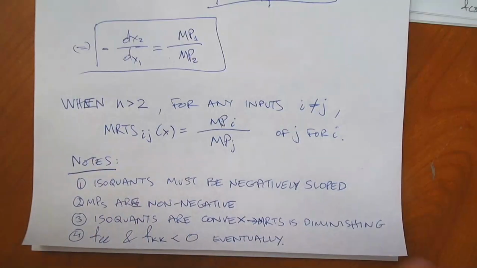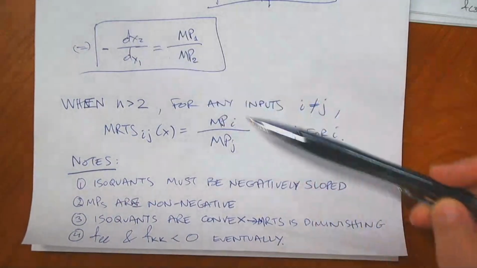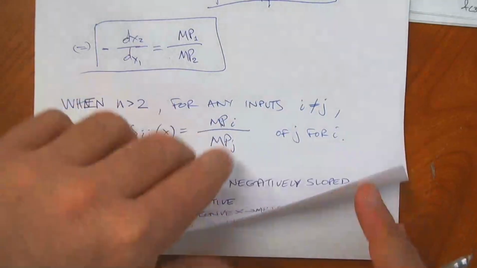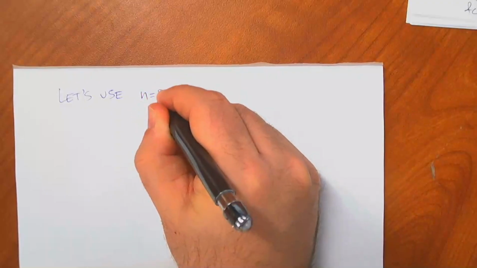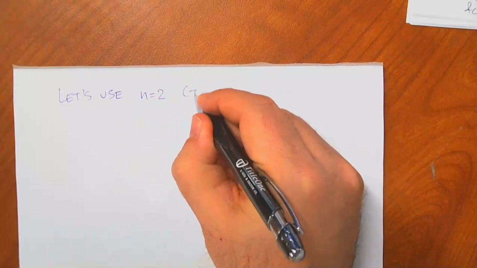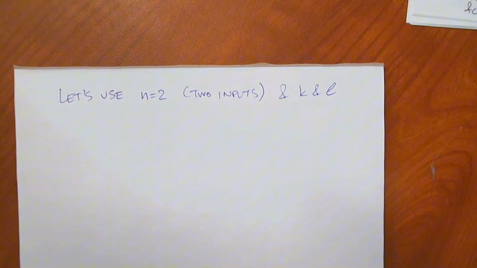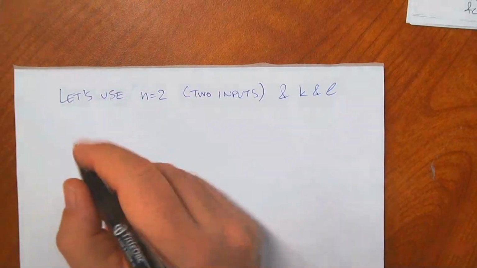So in our notation, let's go back to, instead of using 2 and 1 and i and j, using capital and labor so that we can talk about those things more concretely. So let's use n equal to 2. You have two inputs in the production process, K and L for the notation, and rewrite the MRTS.